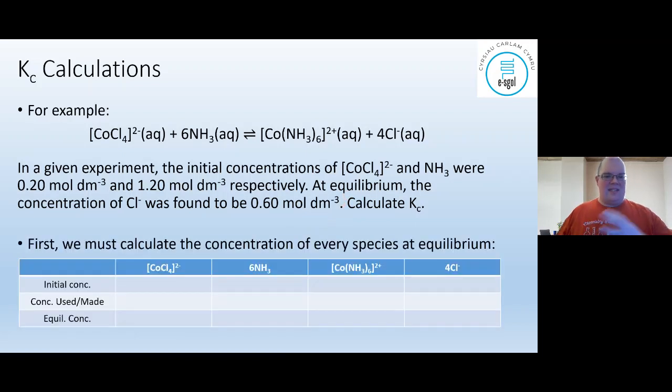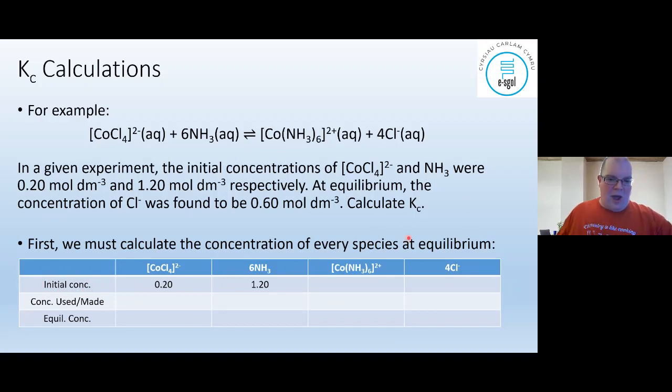So this is a table of my own creation. Okay, basically, in order to calculate the concentration of every species at equilibrium, I will fill out this table. And I'm going to start with the initial concentrations. Now, I've been given the initial concentrations of the tetrachlorocobaltate and the ammonia, and I've just plugged those into the table under the title initial concentration.